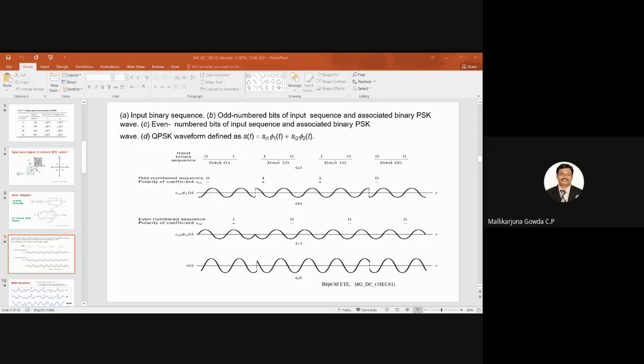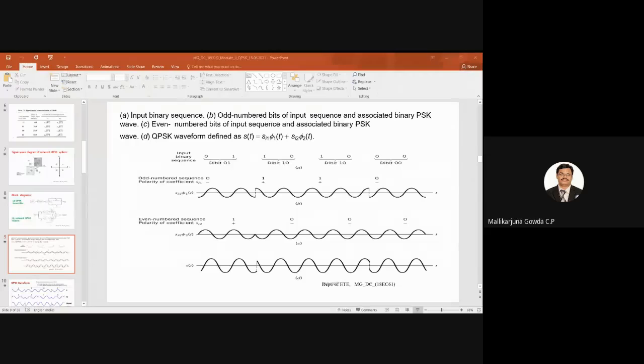Any questions to ask in this? You can ask. Be clear about this because it is one of the important modulation techniques. Many people find it difficult to understand this waveform, especially the QPSK waveform. I tried my level best to give better clarity.